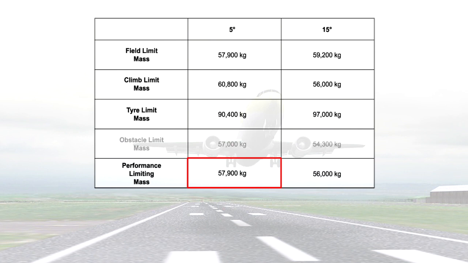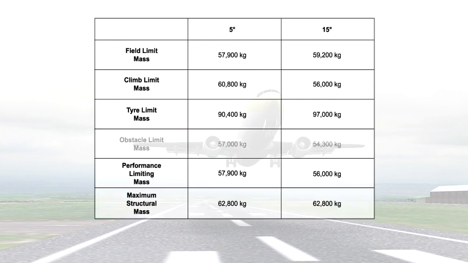Having calculated the maximum performance limiting takeoff mass of 57,900, it must then be compared to the maximum structural takeoff mass. For the 737 specimen aeroplane we have used, the maximum structural mass is 62,800 kilograms. To use a higher mass than this would seriously endanger the structural integrity of the aeroplane.